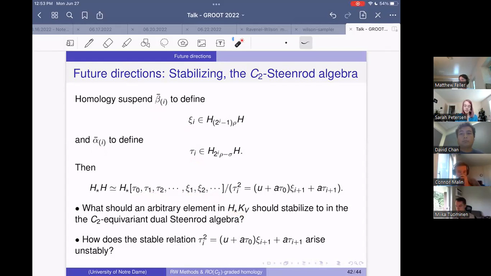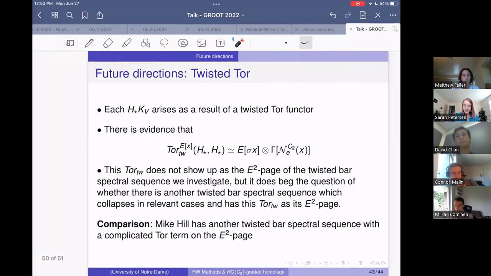So we know it for some specific generators, but otherwise it's not completely clear. And then it's also not clear how this stable relation arises from the unstable story. So there's definitely more to understand there as well.